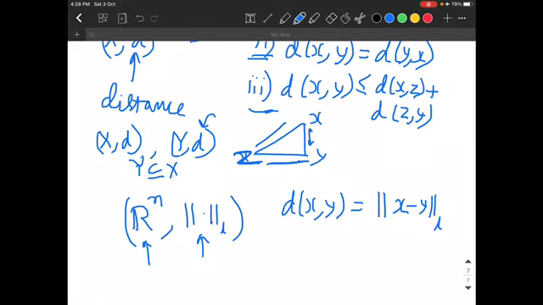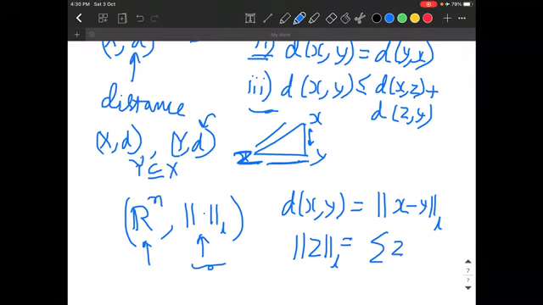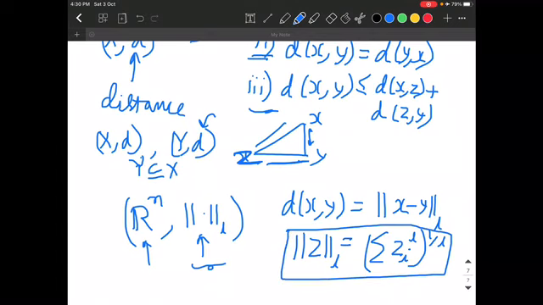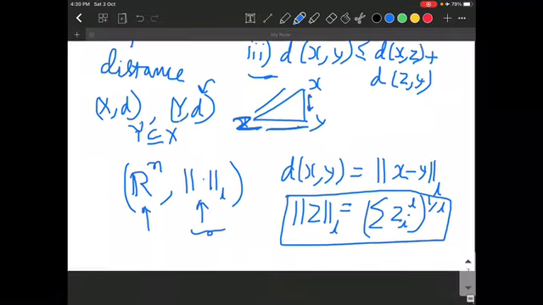There are several examples of such metric spaces, and just to make this distance function clear, the lth norm of some z is equal to the sum of |z_i| to the power l, whole to the power 1 by l. So this is the lth norm, where z is a vector and z_i is the ith component of the vector z.